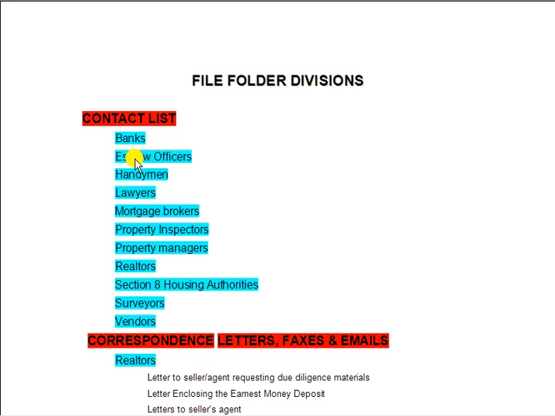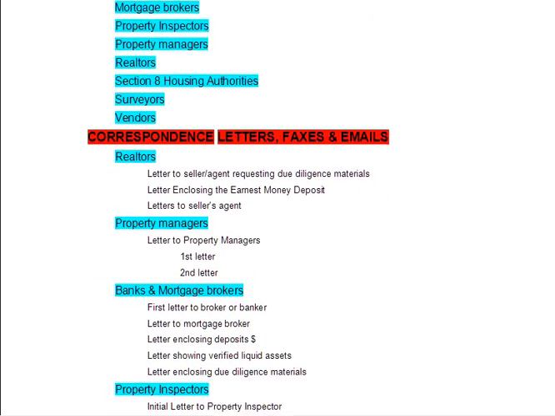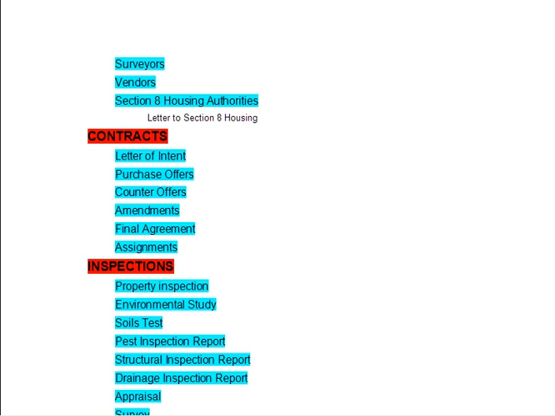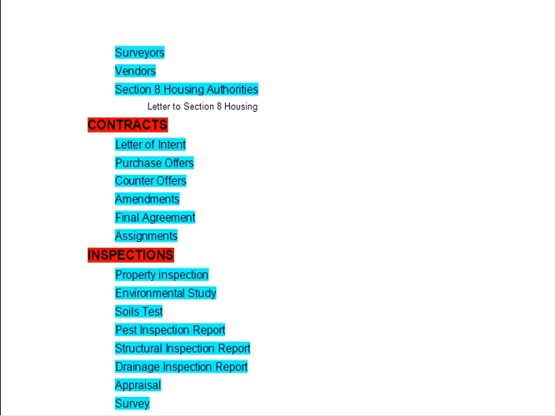Your main divisions are going to be contact list, correspondence, which will be letters, faxes, and emails. You're going to have contracts that may be legal documents that will be transmitted back and forth between you and the seller.